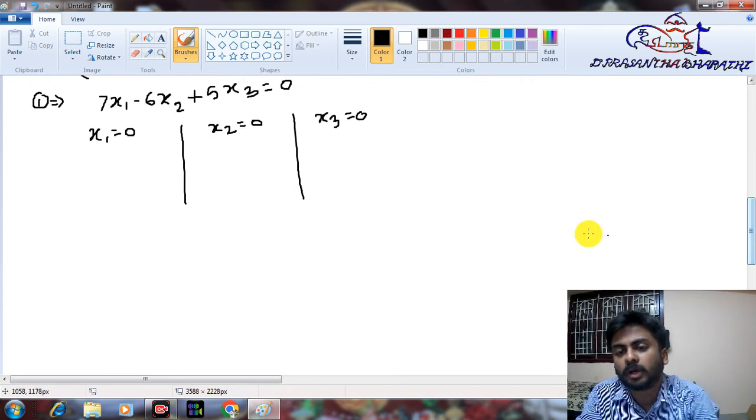So by putting x1 equal to 0 in 1, we get 6x2 equal to 5x3.